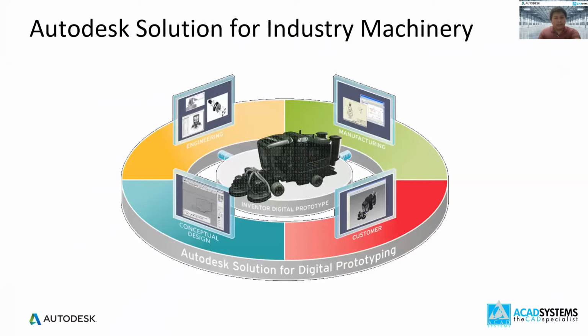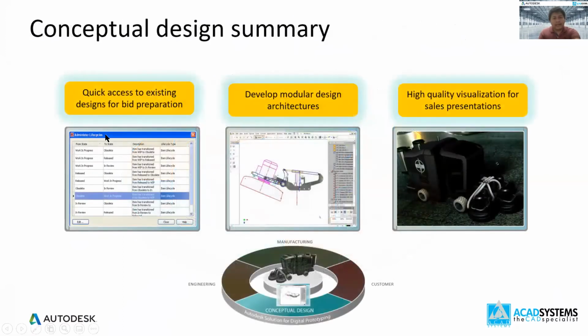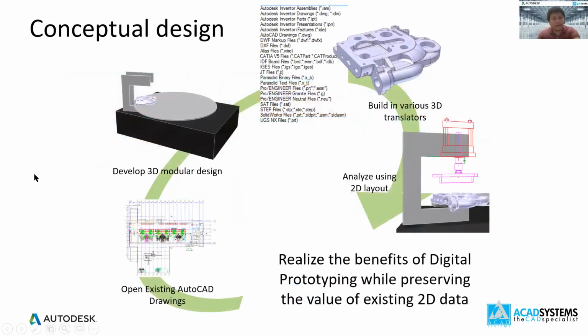Right. So this will be the first idea on the conceptual design. Normally people do conceptual design in 2D sketching, either by hand sketching with a drawing sketch, or using 2D drafting software, AutoCAD. So this is the conceptual design summary.